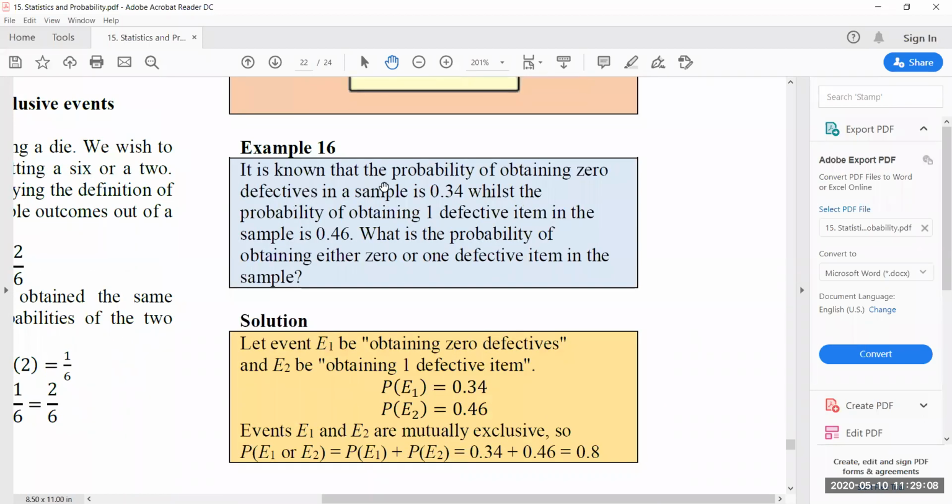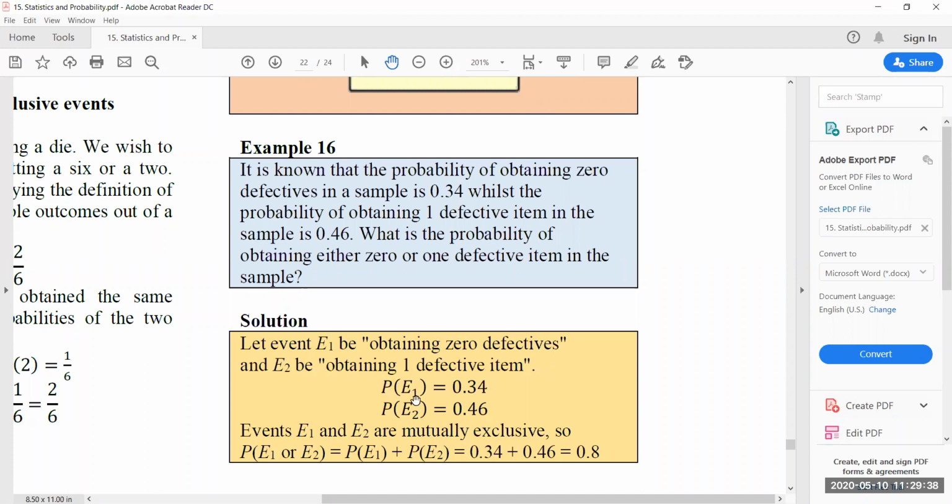It is known that the probability of obtaining 0 defects in a sample is 0.34, whilst the probability of obtaining 1 defective item in the sample is 0.46. What is the probability of obtaining either 0 or 1 defective item in the sample? We can let E1 be obtaining 0 defects and E2 be obtaining 1 defective item.